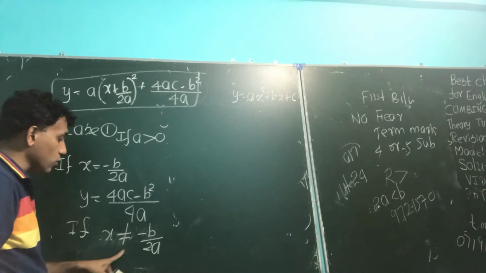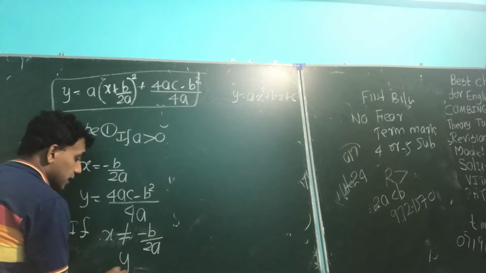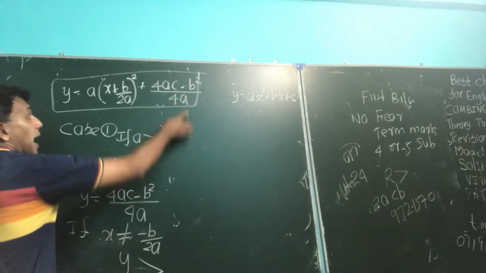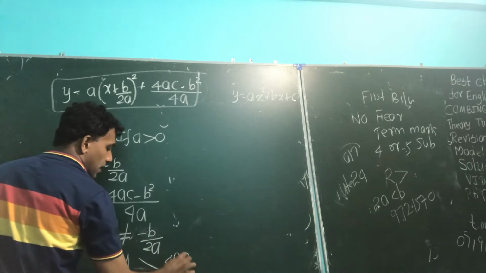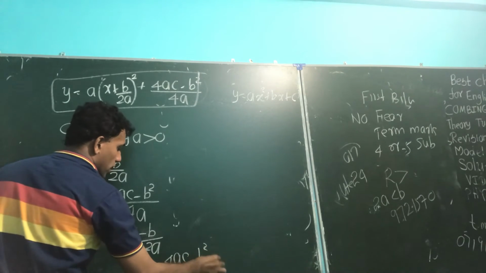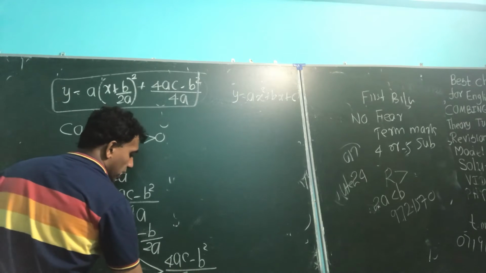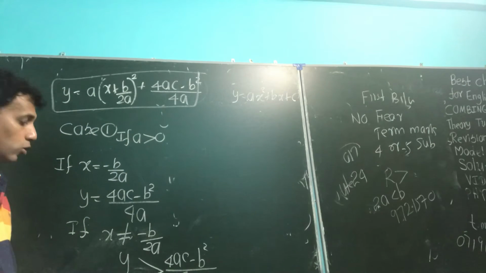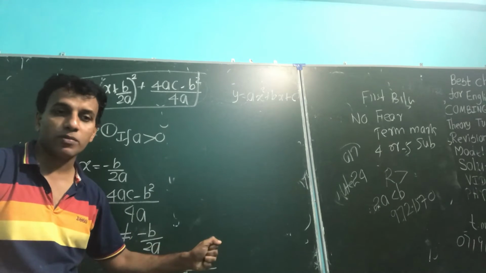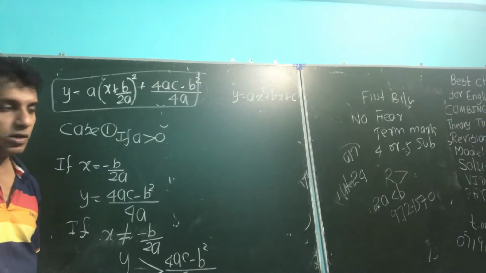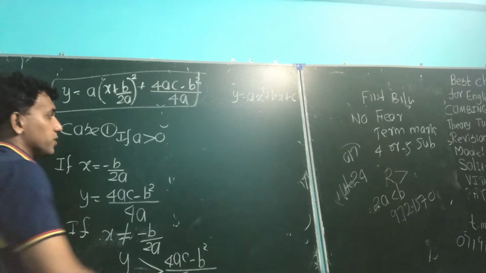If x is not equal to that, y is greater than this answer: (4ac minus b squared) over 4a. In my example I said the answer is 7 or more than 7. Therefore, this is the minimum.